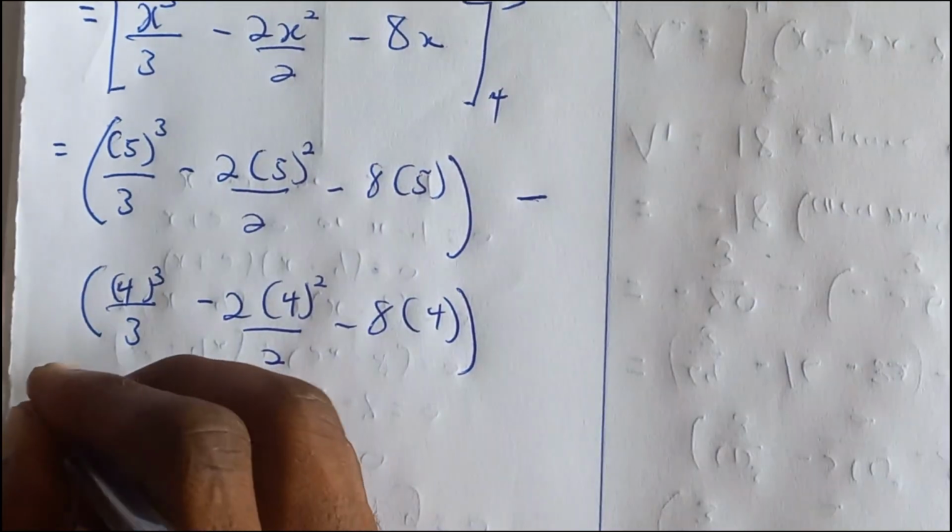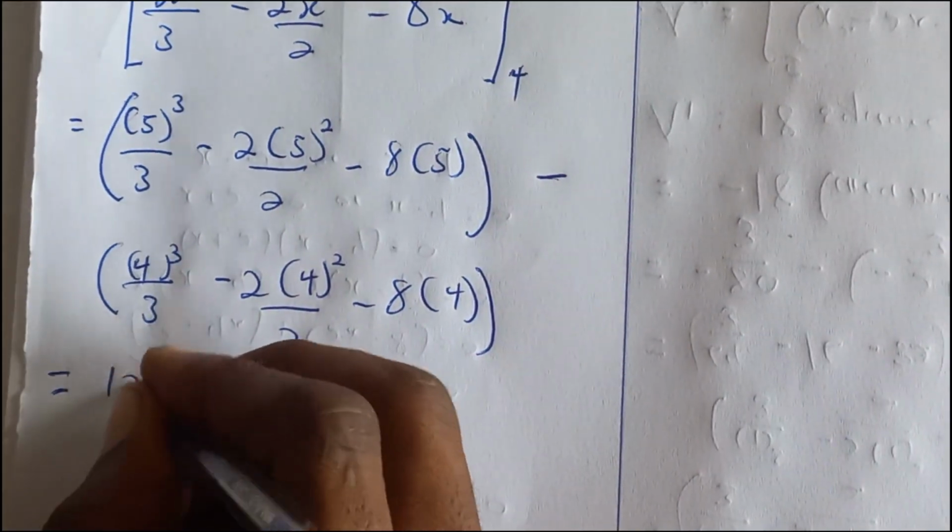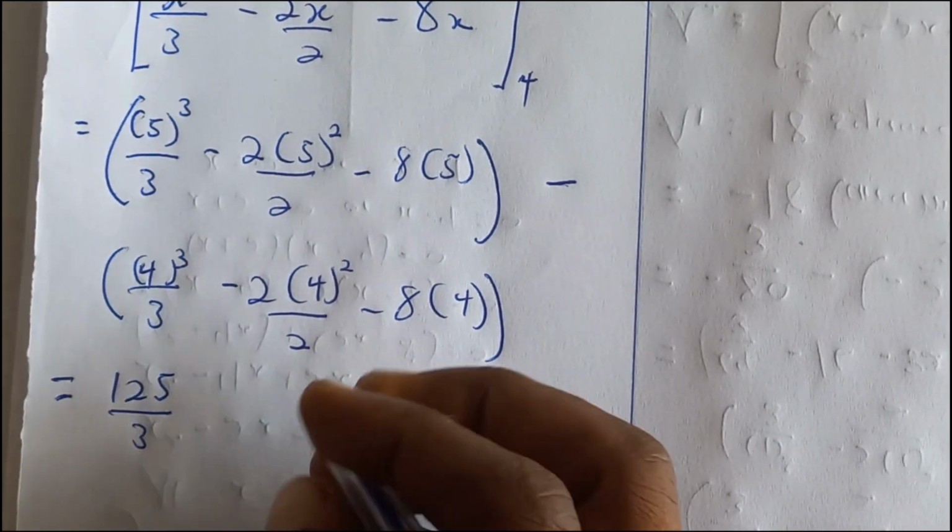Okay. So we need to calculate. 5 cubed is 125 on 3.